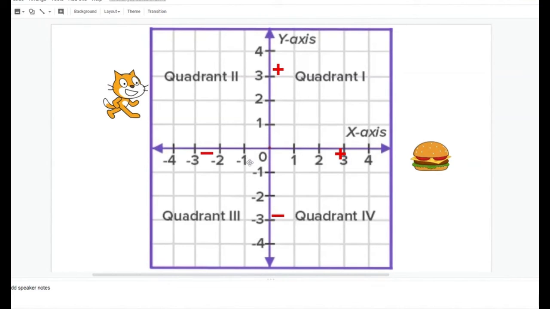Quadrant 3, the x's are negative and the y's are negative. In quadrant 4, the x's are once again positive and the y's are negative, which means that all points on this coordinate plane will be listed as either positive or negative, depending on which quadrant this sprite is moving in.